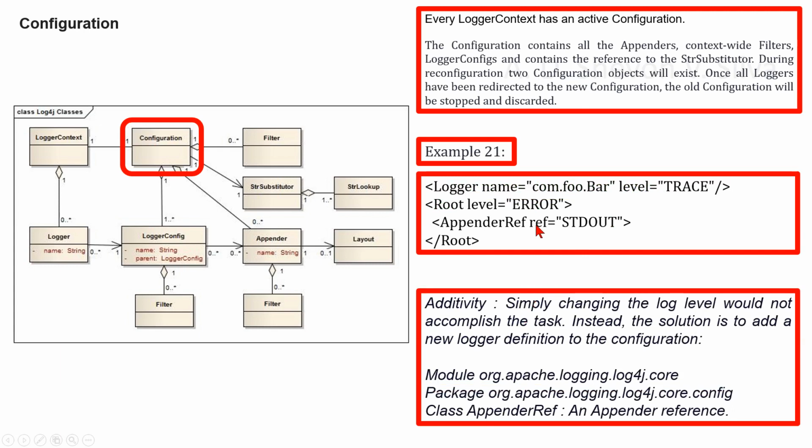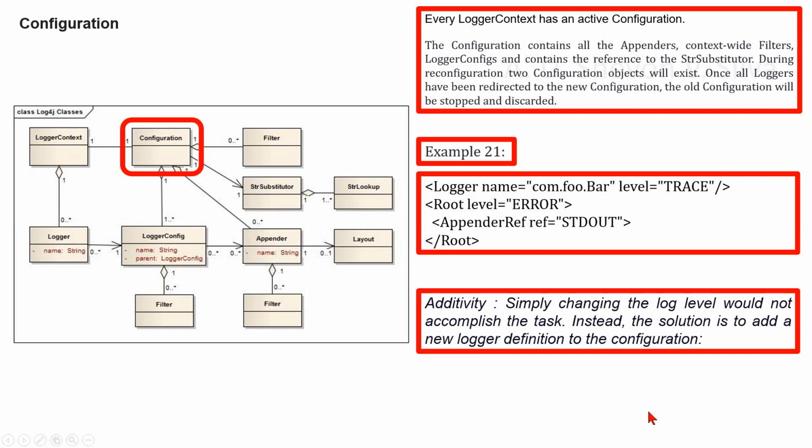Now we are considering additivity. Simply a change in the log level would not accomplish the task. Instead, the solution is to add a new logger definition to the configuration. Perhaps it is decided to eliminate all the trace outputs from everything except com.foo.bar.